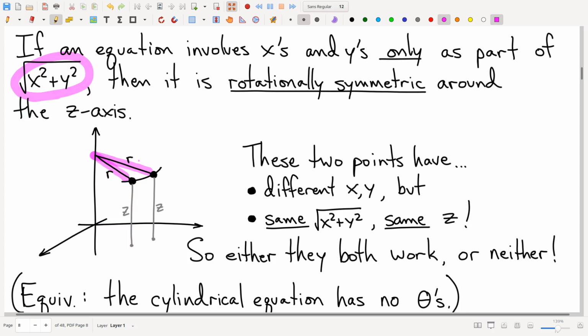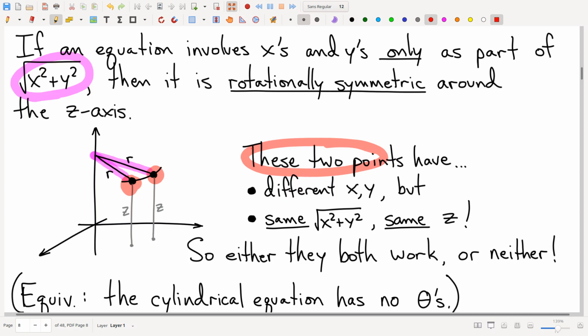So, if I were to have a point, and if I were to rotate that point around the z-axis to produce a bunch of other points, such as, for example, this point, those 2 points are totally different points, to be fair. Yeah, absolutely. They have different x's. They have different y's.